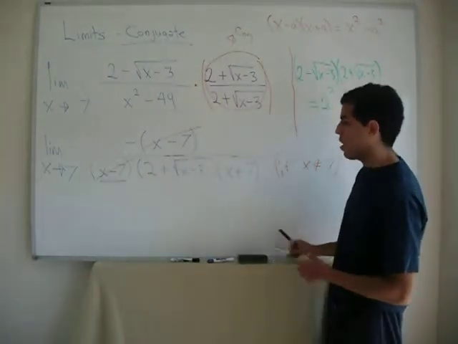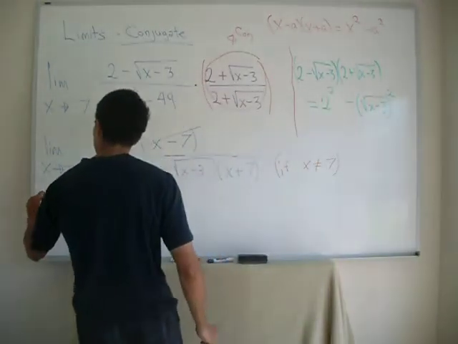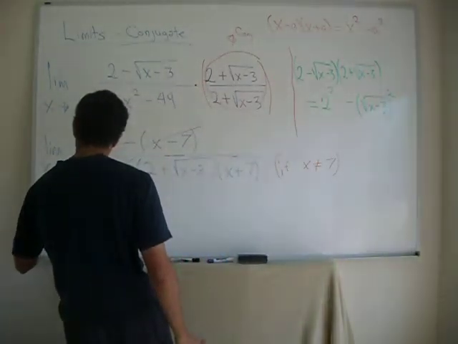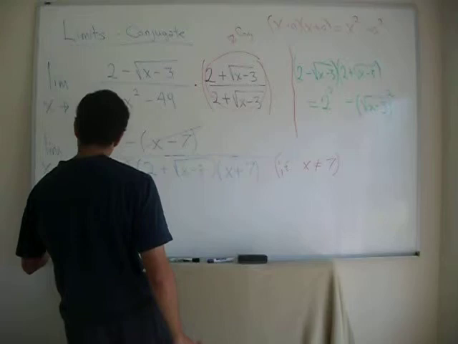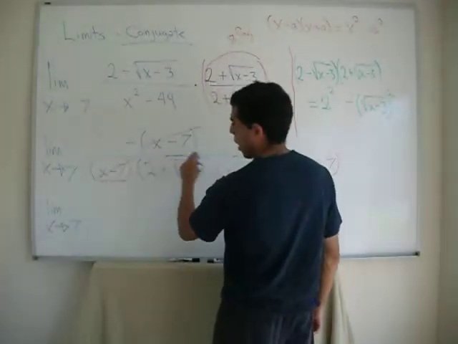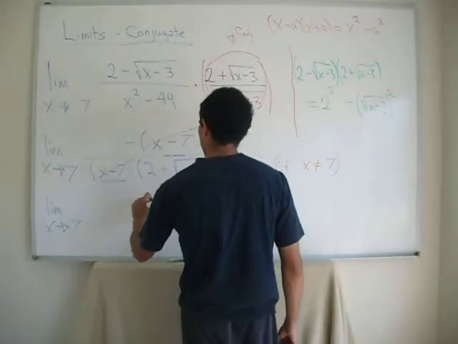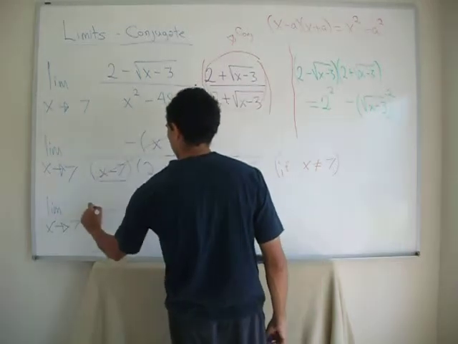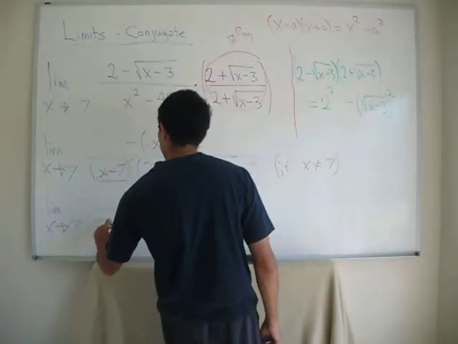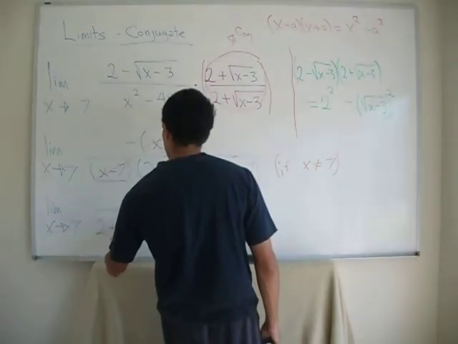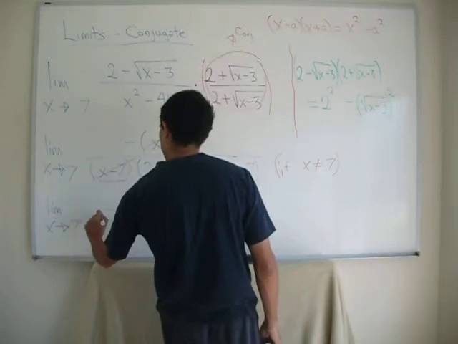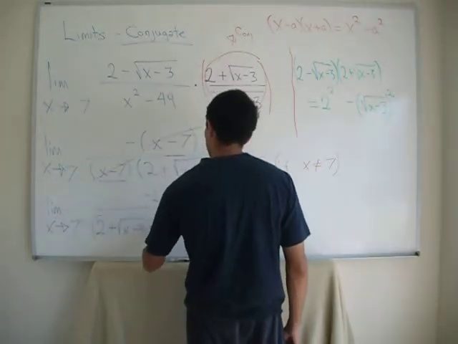Now I can rewrite the limit. Limit of x tending to 7, I end up with minus 1 on the numerator, and at the bottom part I end up with 2 plus square root of x minus 3 times x plus 7.